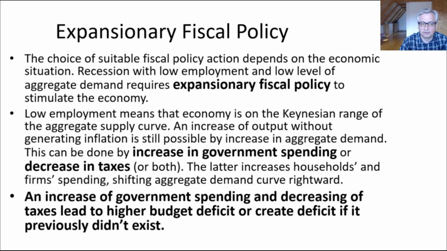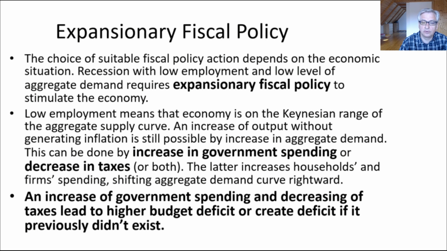Expansionary fiscal policy. We use this kind of policy when we face a recession. Unemployment is high, employment therefore is low, the aggregate demand is low as well. In such situations, according to the Keynesian model of macroeconomic equilibrium, we are on the horizontal part of aggregate supply curve.